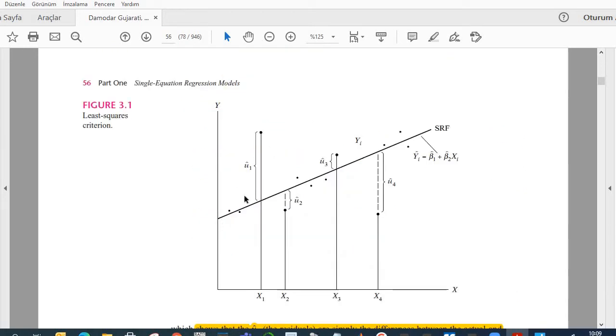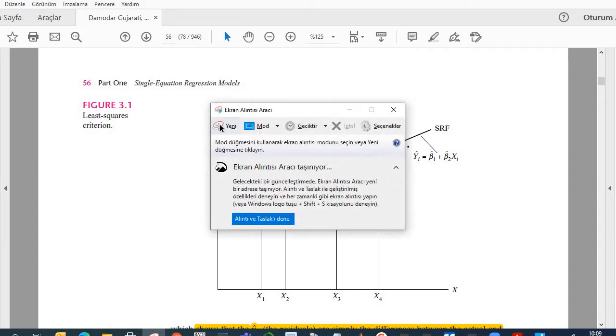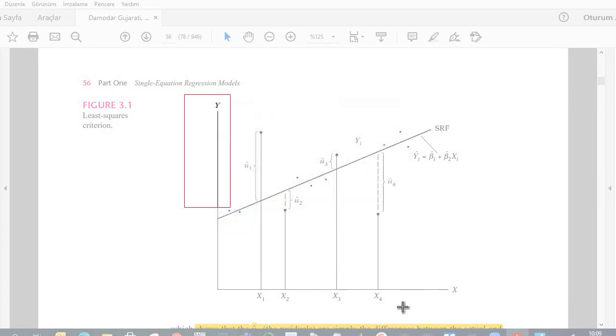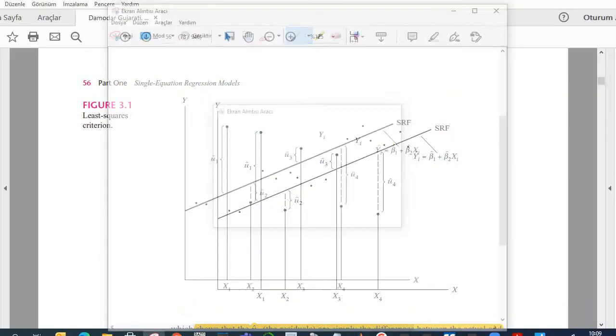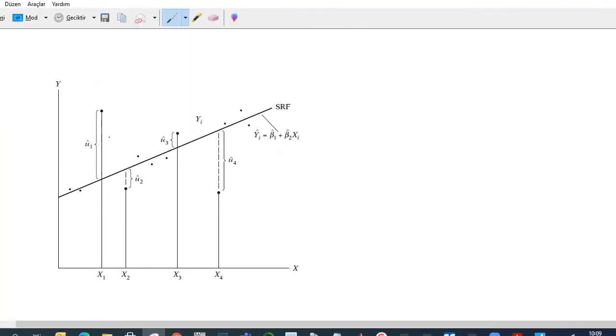So let us see what's going on with this estimation. Let us see from here. So this is yi and this is y hat.